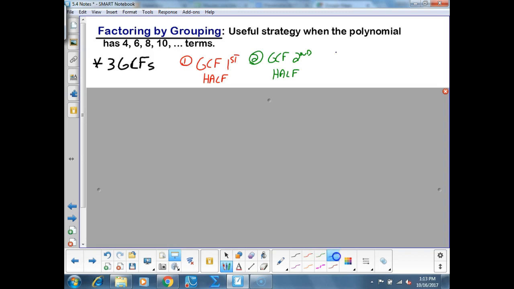Then you're going to GCF what you got, and your factored part. So really it's just 3 GCFs.